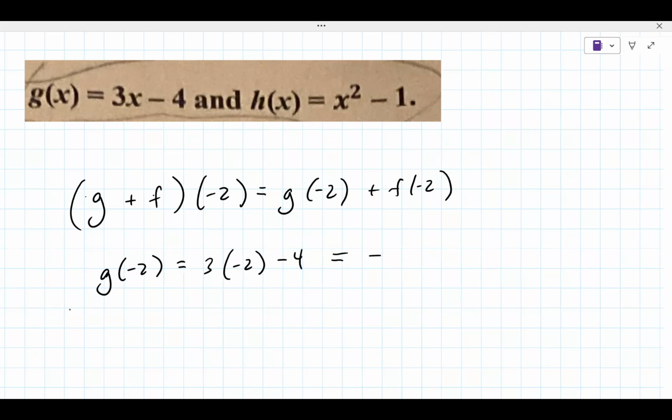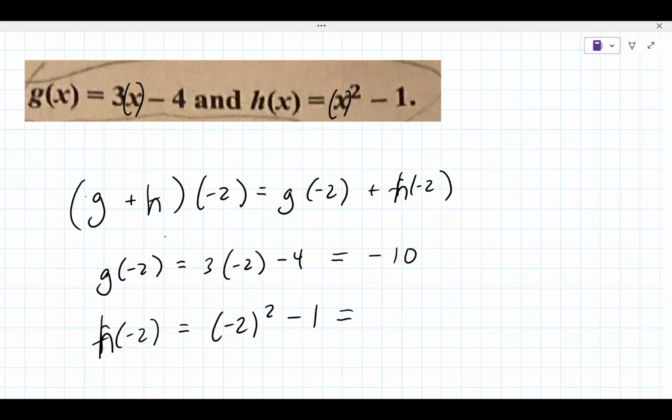I'm sorry, h. I keep doing the wrong letters because I'm all used to it being g and f. Do h. So now it's parentheses -2 squared. You treat the variable like it's in parentheses. So that would be 4 minus 1, which equals positive 3. So then it's -2 plus -10 plus 3.